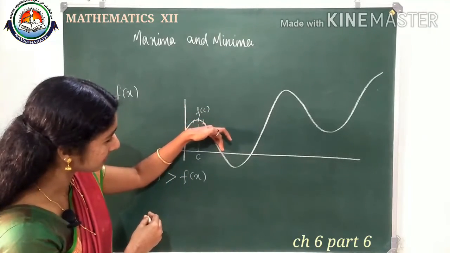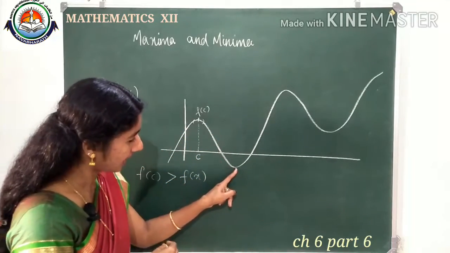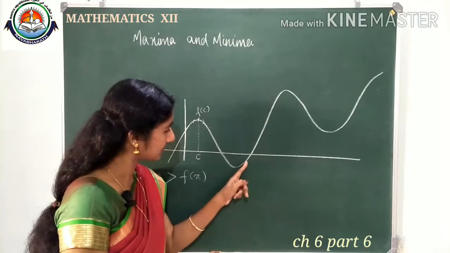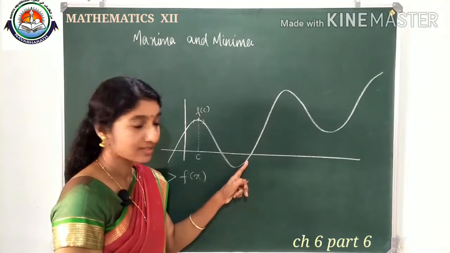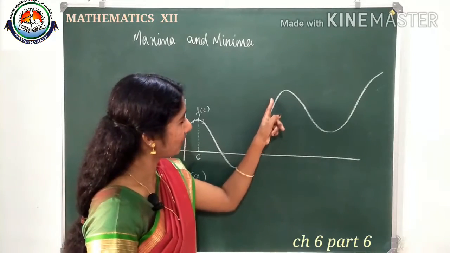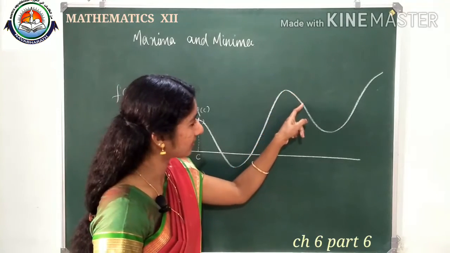And coming like this, it is decreasing, decreasing at all these points. At this point no change, and after this point, this curve started increasing. And it is increasing at all these points, and after this particular point it just started decreasing.